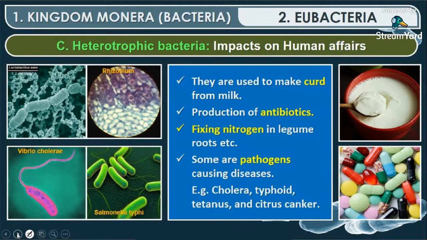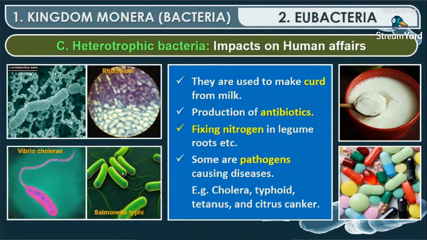Then there is the production of antibiotics, where the inactive forms of different bacteria can be used. Then fixation of nitrogen in legume roots by Rhizobium, a bacterium that fixes nitrogen in legume roots.